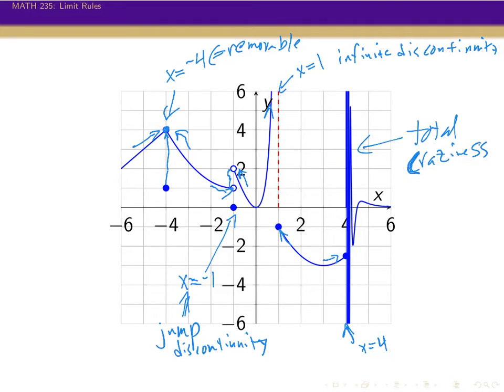It's just wildly oscillating up and down as we get closer and closer to x equals 4. And so the limit of the function as x goes to 4 from the right does not exist. And so that means that this is an essential discontinuity.